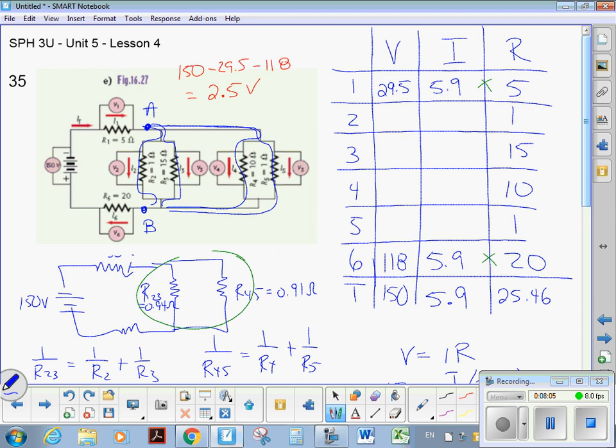I don't ever have to go through 2 consecutive resistors. Each of these are single pathways, which means that my voltage, if I choose this path, I have to use 2.5 volts. If I choose this path, it's 2.5. This one's 2.5. This one's 2.5. So the voltage for each of those resistors, since it's the only pathway, is 2.5.